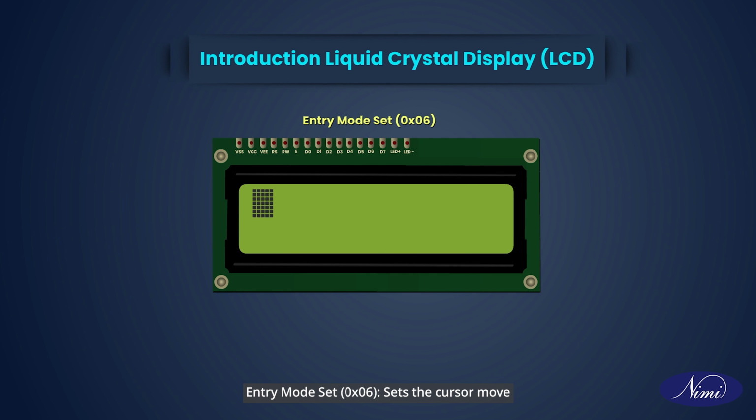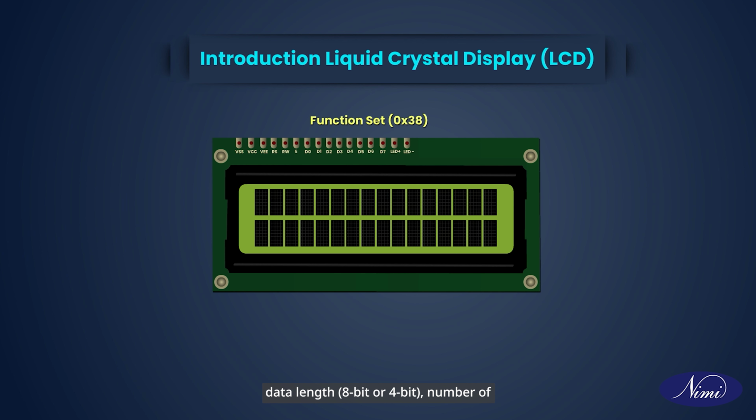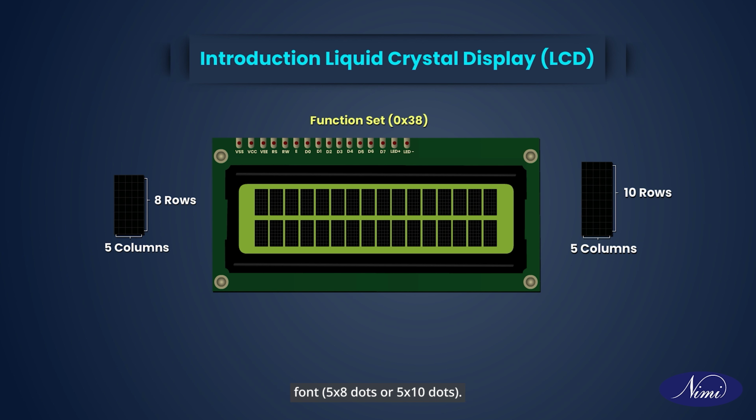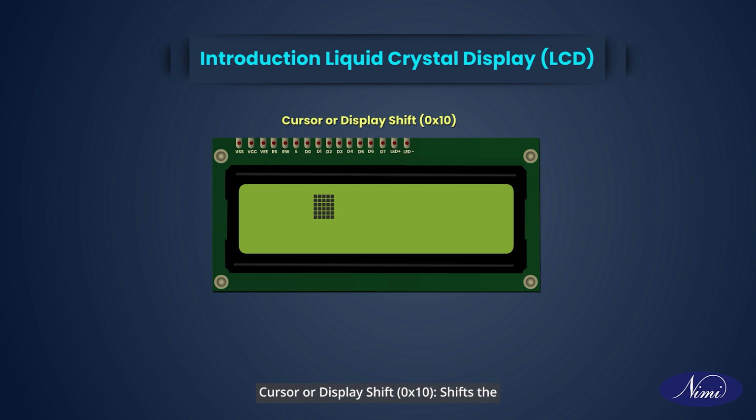Entry mode set 0x06 sets the cursor move direction and display shift. Function set 0x38 sets the interface data length 8-bit or 4-bit, number of display lines usually 2, and character font 5x8 dots or 5x10 dots. Cursor or display shift 0x10 shifts the cursor or display left or right.